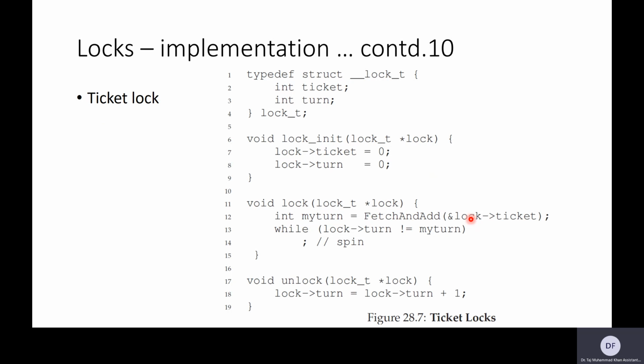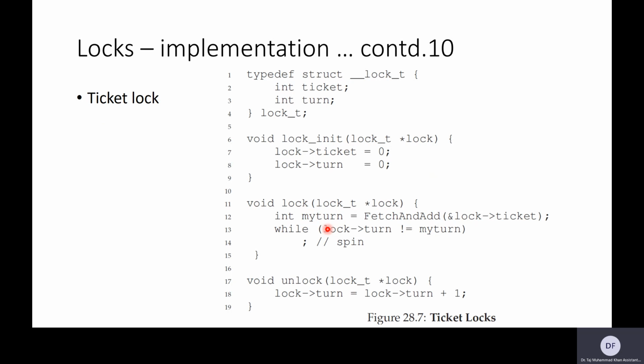Initially ticket was 0, so fetch and add will return 0 and at the same time increment the value of ticket, which means in RAM the new value of ticket will become 1. It returned the old value of ticket, which we have stored in my turn.